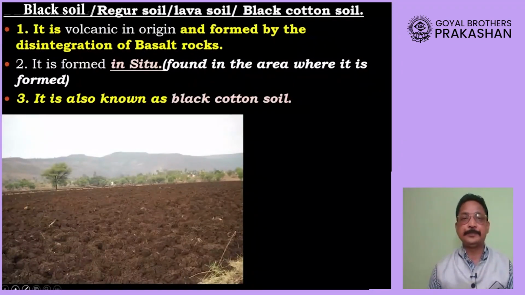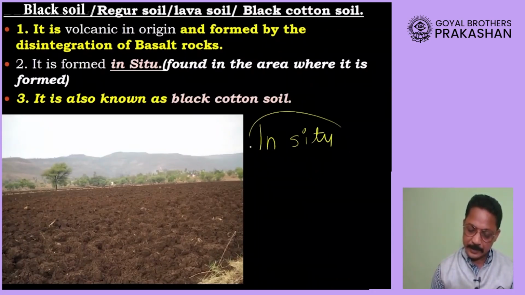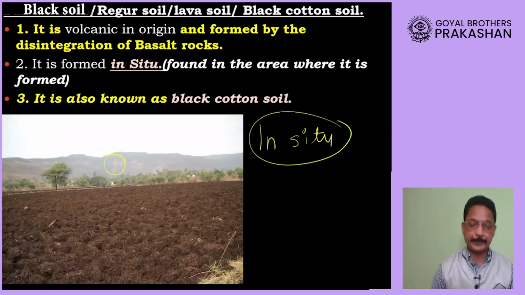And when the soil is formed from the blackish color rock, that soil is called black soil. Now what are the characteristics of this soil? The first thing, this soil is volcanic in origin. We have seen why it is volcanic in origin. Second thing, this soil is called in situ soil. Now what is the meaning of the word in situ? Look here at this mountain.